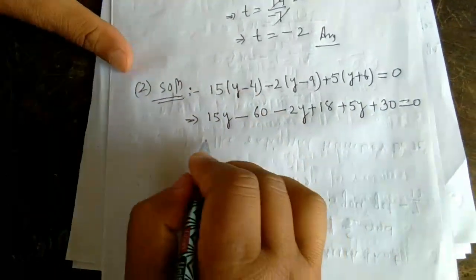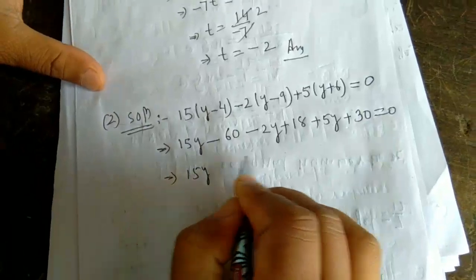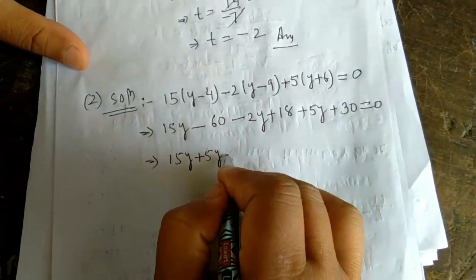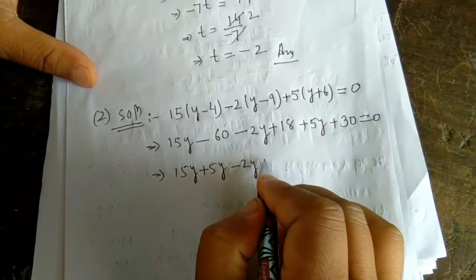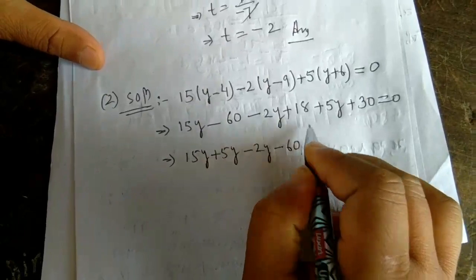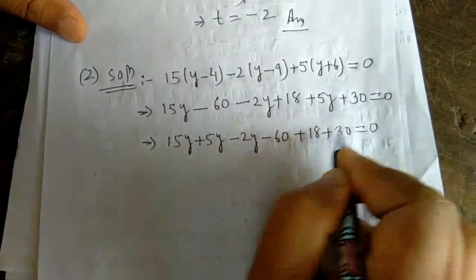Now arrange y and constant: 15y plus 5y minus 2y, then constant terms minus 60 plus 18 plus 30 equal to 0.